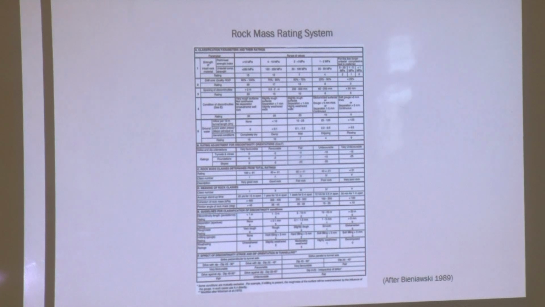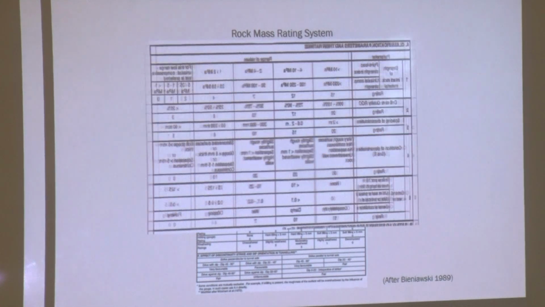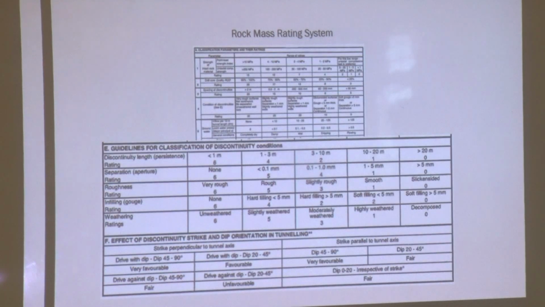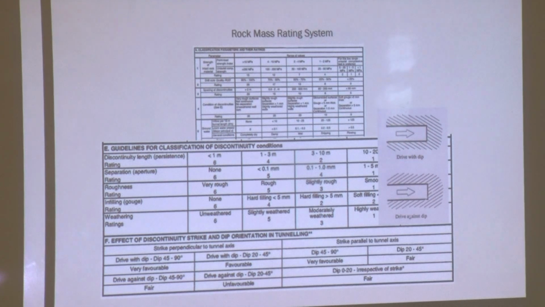The latest chart is mostly used, in different A, B, C. You will see in the text, I will give you the monograph, you can see that. Here you see the difference: drive with the dip and drive against the dip are separate categories you have to consider.